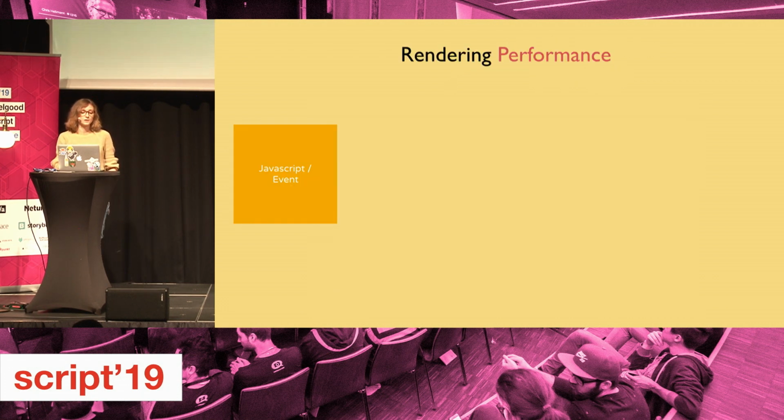And when we want to go in deeper to understand how rendering works, we have to look at the pixel pipeline. We have to look at what the browser actually does to create a new frame, to create a new picture. And mostly when we want to update something, we have some event or some JavaScript changes that cause some kind of repaint.